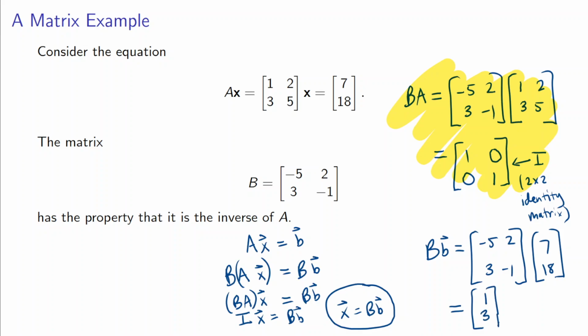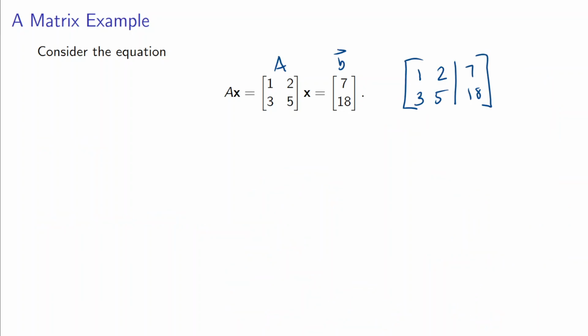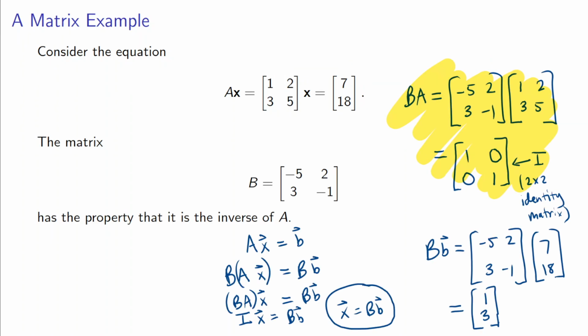So this tells us what x is. It's just 1, 3. And if we had gone through Gaussian elimination and row reduced this, which wouldn't have been so much work, mind you, this would have row reduced down to precisely this matrix. So this is another way of solving this kind of system. We're going to see other uses for this sort of thing as well, but this is certainly one use.